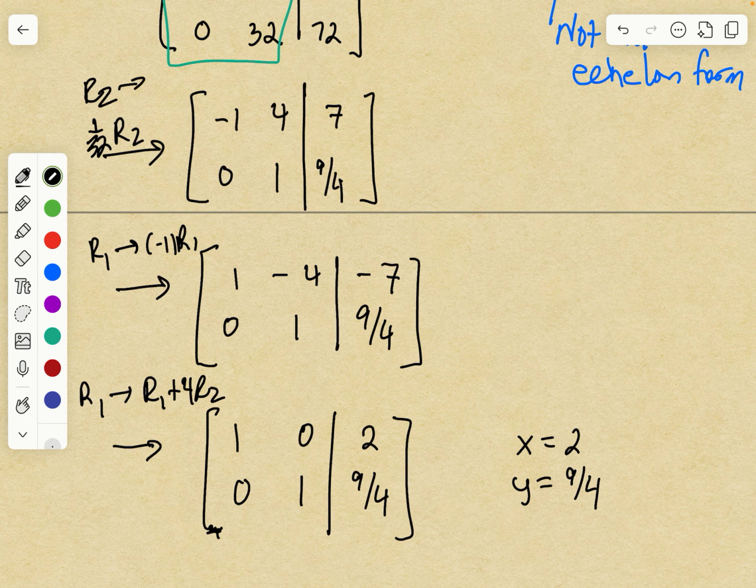And once you have a top left number that's 1, or non-zero, then you use that row to get everything below it to be 0. And then once you're done with that, you proceed to the next column. Okay, you have a number that's non-zero, you get everything below it to be 0, and you keep going until you get to the end, and your matrix is in echelon form.